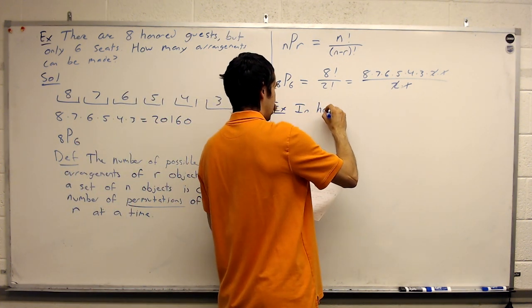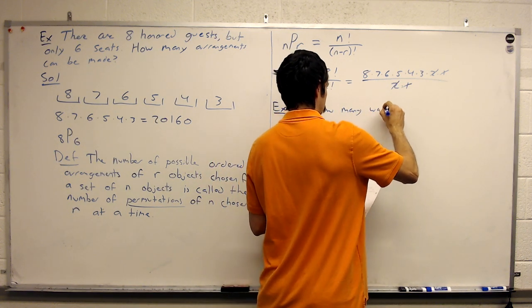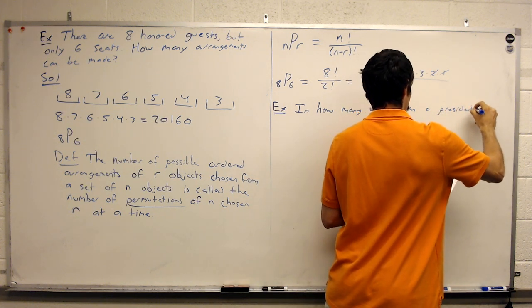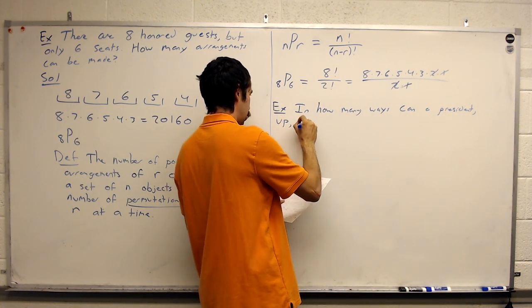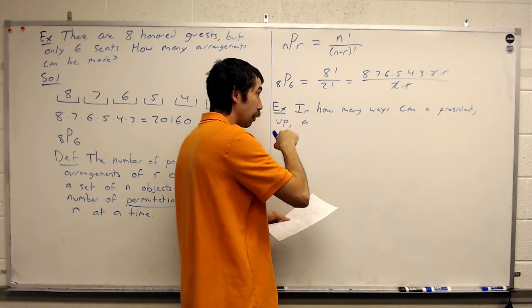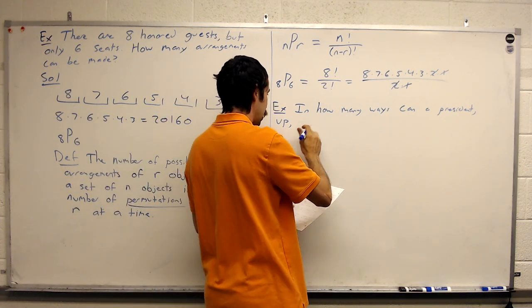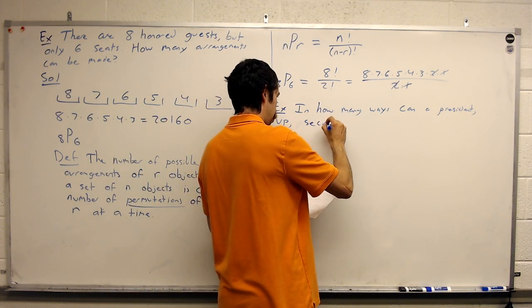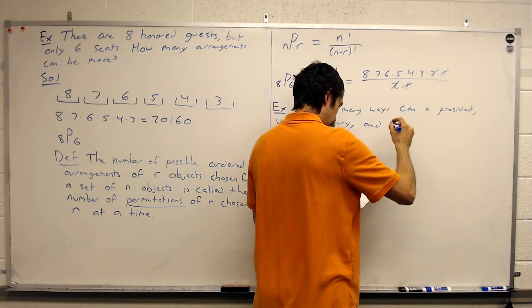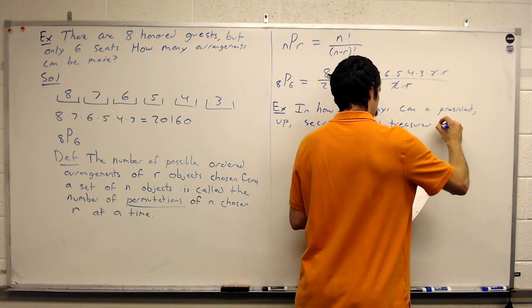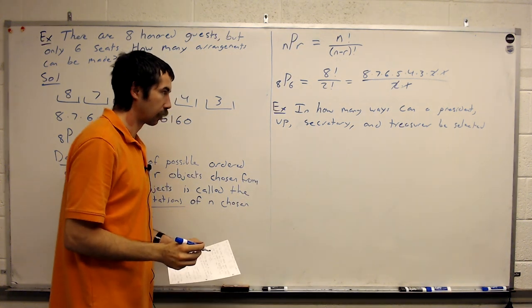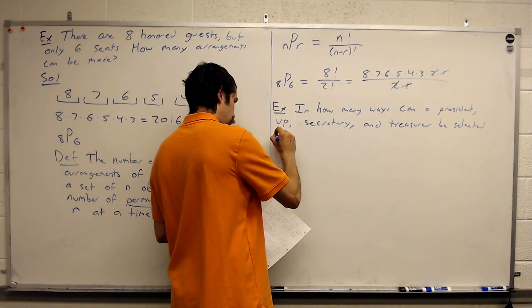In how many ways can a president, vice president, secretary, and treasurer be selected from a group of 20 people?